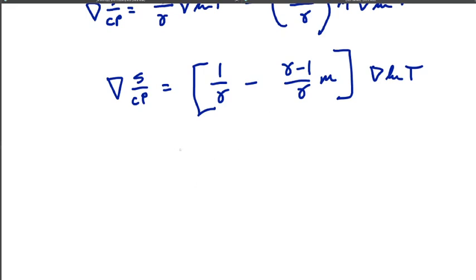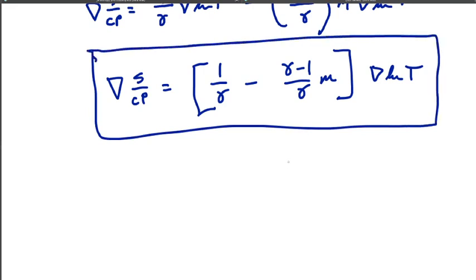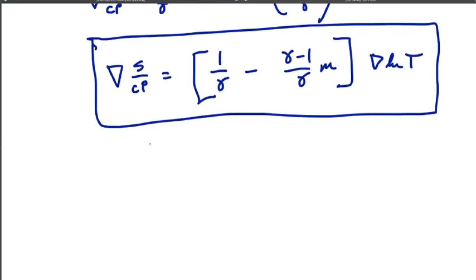If we know anything about grad log T, then we can make some progress on understanding the potential entropy gradients that we're going to run into. Often the temperature decreases going outwards. Often grad log T is a quantity that's less than 0. This is especially true for isolated systems that aren't being externally heated.